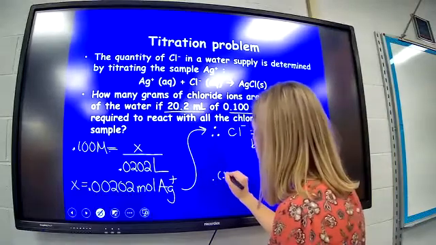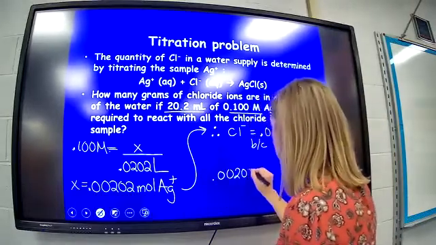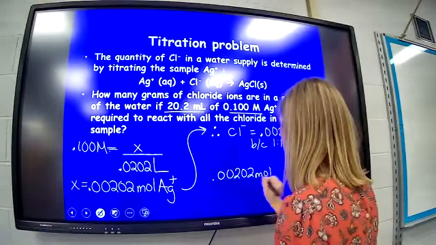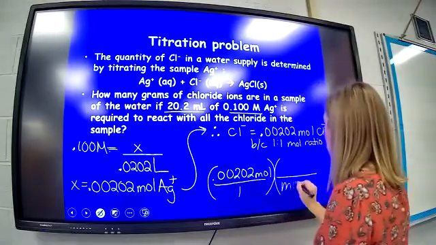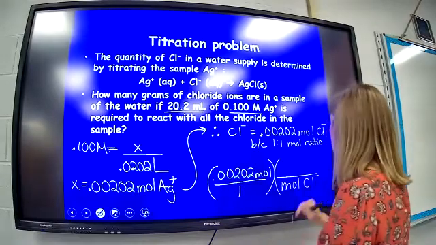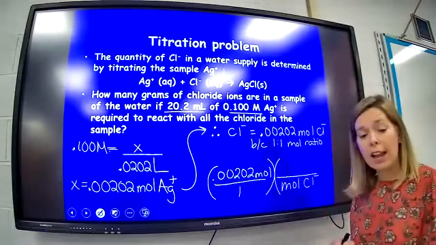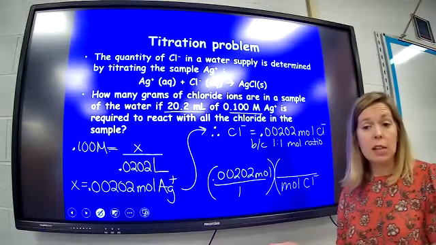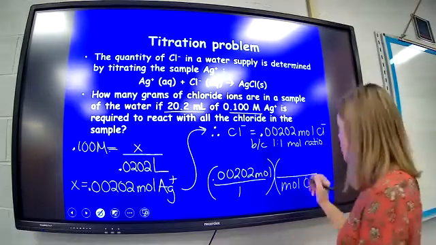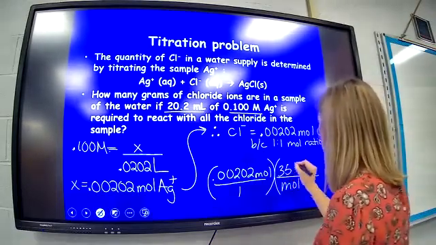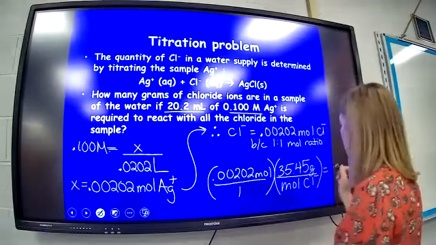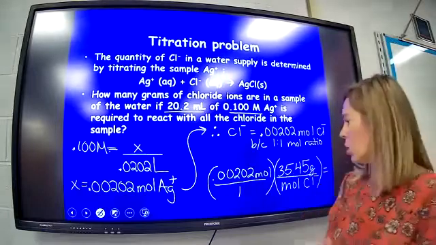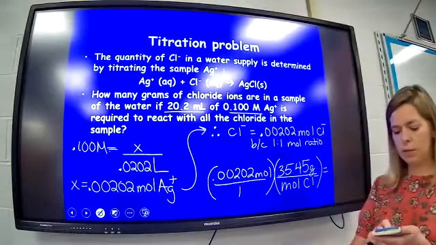So I would just take that 0.00202 moles of chloride and multiply by the mass of chlorine. Now we have the chloride ion, but that just means it has an extra electron. That doesn't affect its mass, so that mass would still be 35.45.